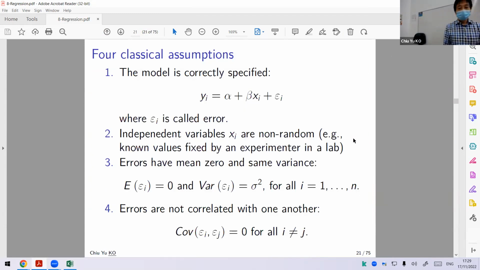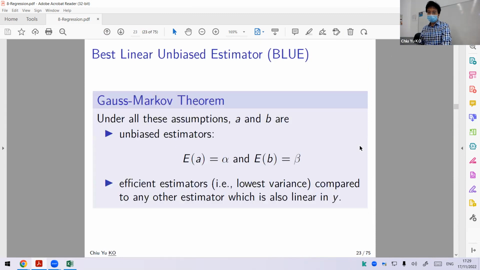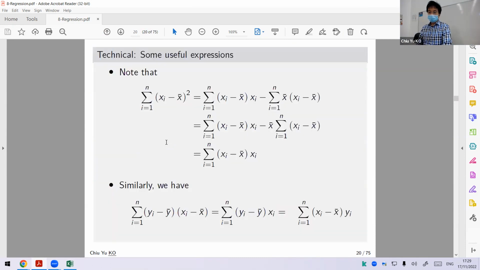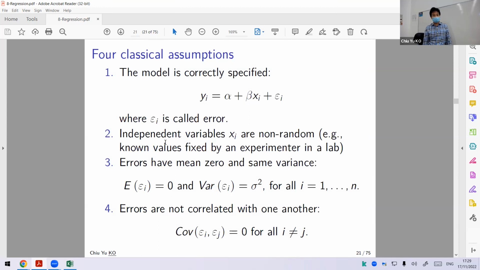So the main idea is what we call, later we'll prove, the Gauss Markov theorem. Okay, Gauss is actually the well-known mathematician. So what it says is the following.